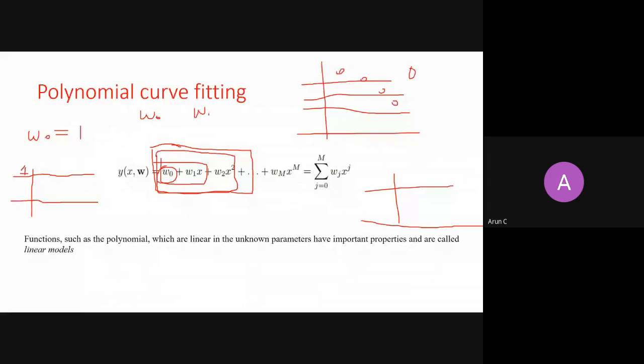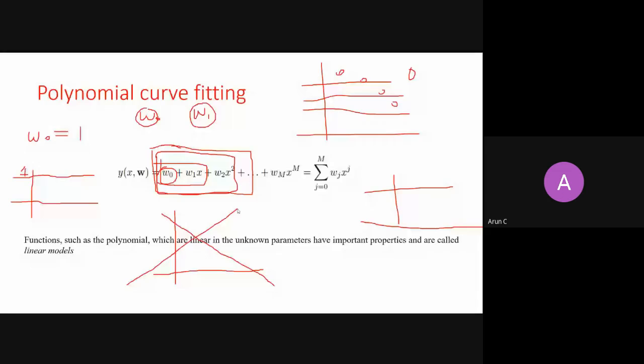W0 is an intercept and W1 is a slope, right? So in that case, I have 2 degrees of freedom. It means it can cut anywhere and it can go at any angle, right? So I'm talking about any line. I hope this is clear. What are the 2 degrees here, right?